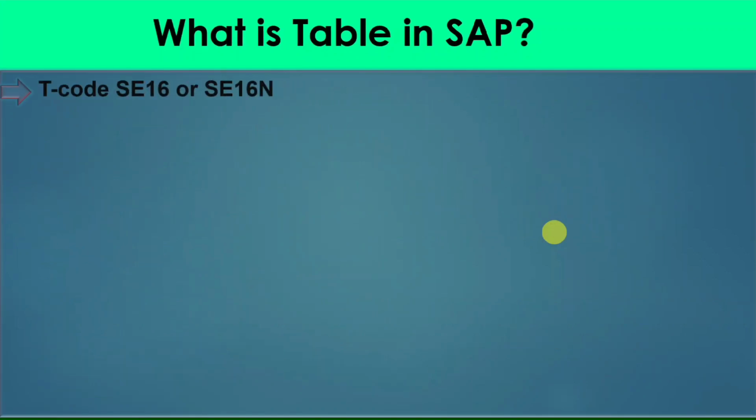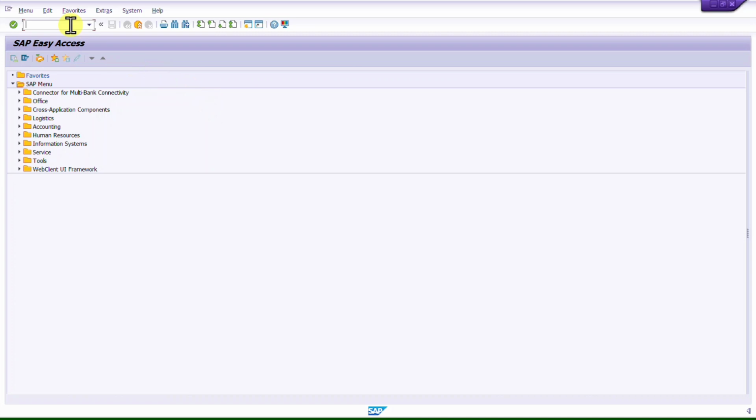Then the T code to access tables: if you consider ECC 4.8, not 6, then you will have the T code SE16 only, but from ECC 6 onwards with HANA we have the T code SE16N. So let's go into the system and see the details about tables, how to access tables.